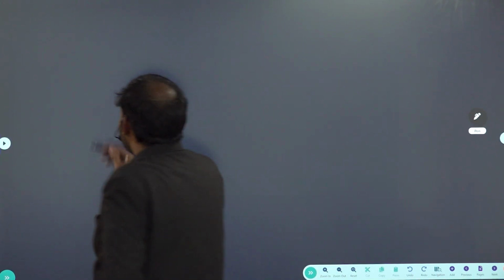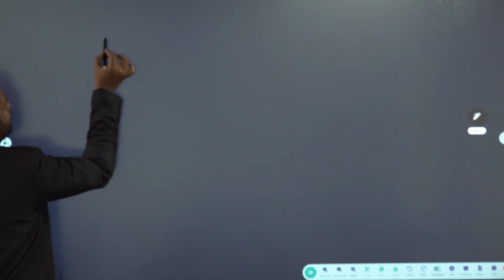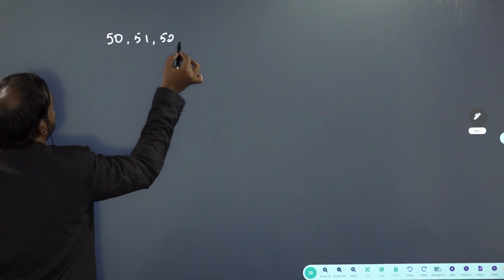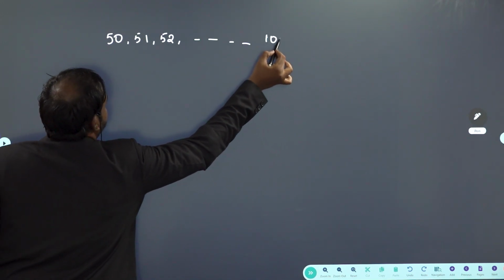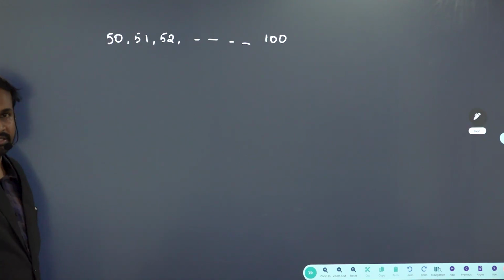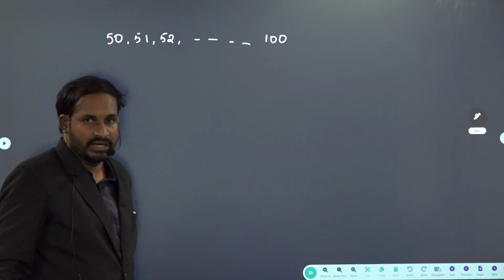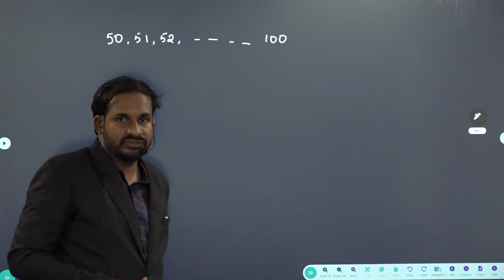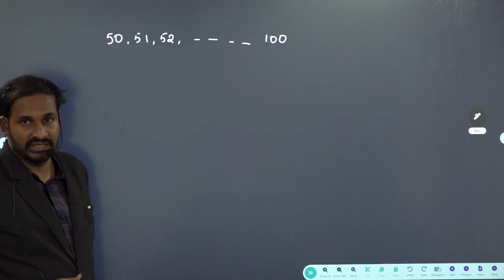Now, for example, if I want to find the sum of numbers from 51 to 100, generally, in the case of natural numbers, what is the formula we have, students? Sum to first n natural numbers.